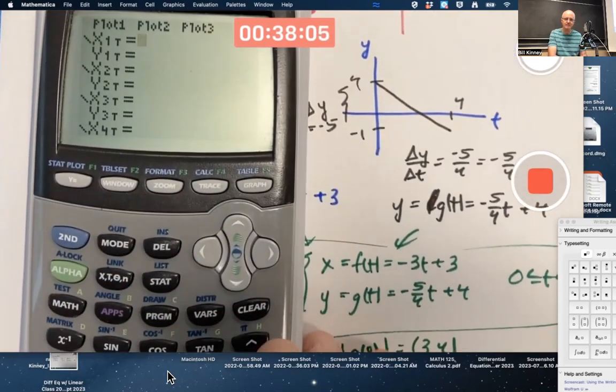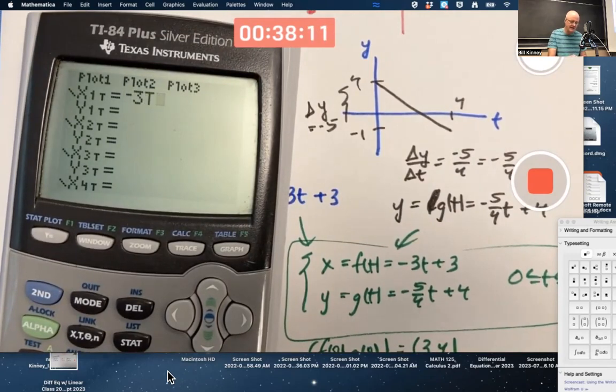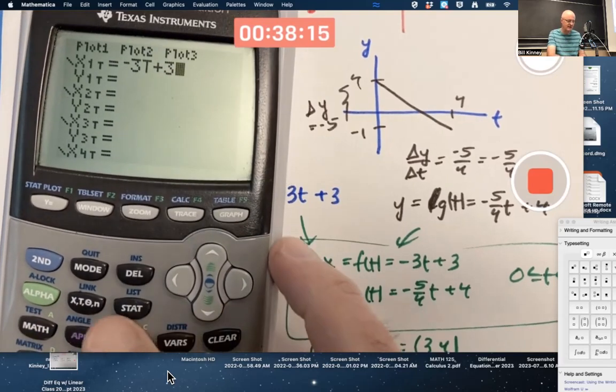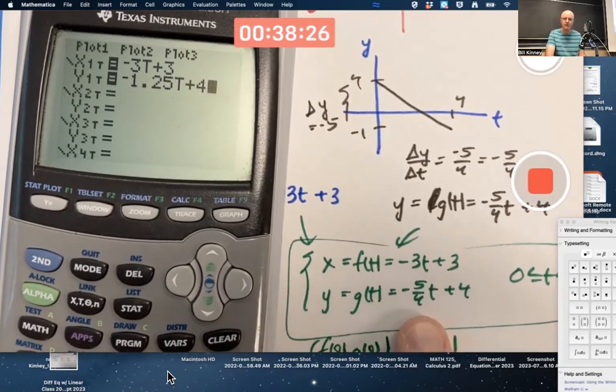You want to plug in both of these functions. X is negative 3t. Hey, I made a t instead of an x. Plus 3. I pressed the same button. It's still the button with the x there, but it made it into a t. And y equals negative 1.25 t plus 4. Negative 5 fourths is negative 1.25.